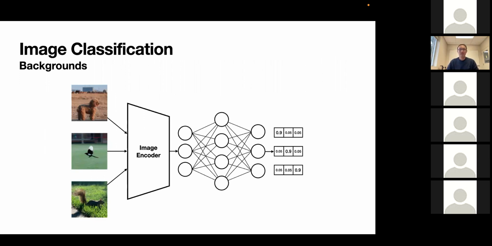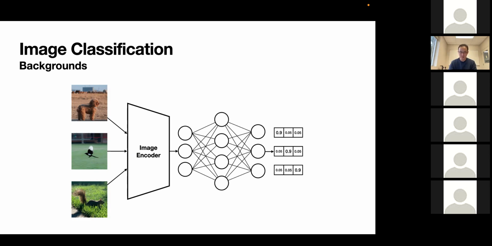In image classification, this is a very abstract pipeline. You just need to input your image into something called an image encoder to get the feature of each image. The feature here is just a vector to represent those images.